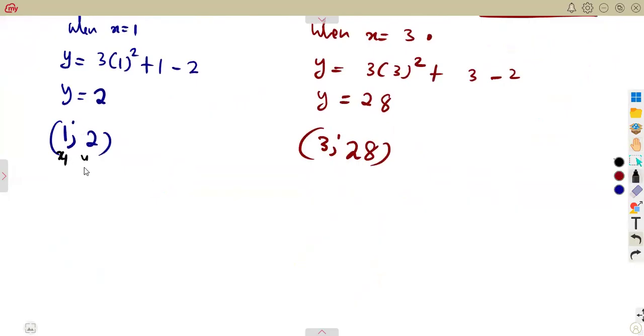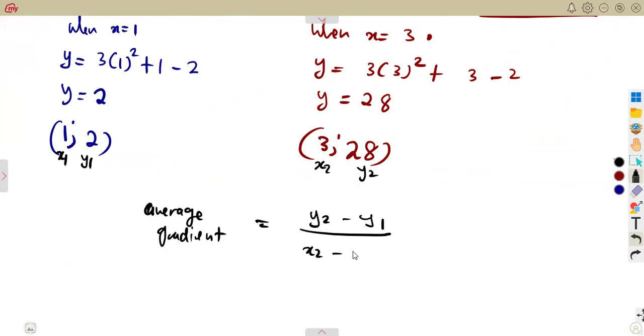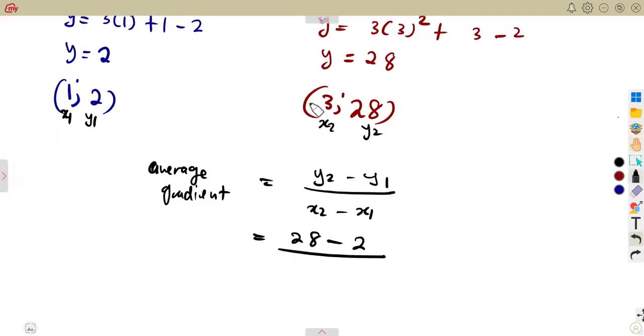So remember your formula. You're going to need our points, then our average gradient in that case is going to be given as what? The change in y over the change in x. So you're going to substitute the change in y, that's y2, which is 28, minus y1, which is 2, over x2, which is 3, minus our x1, which is 1.